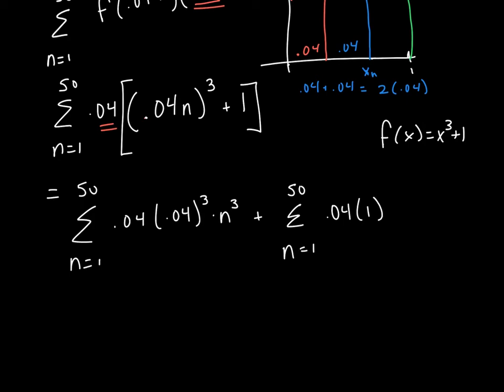And all I did with that is I took the summation piece that I had of this first part and broke it up: the 0.04 times the first part, plus the 0.04 times the second part.